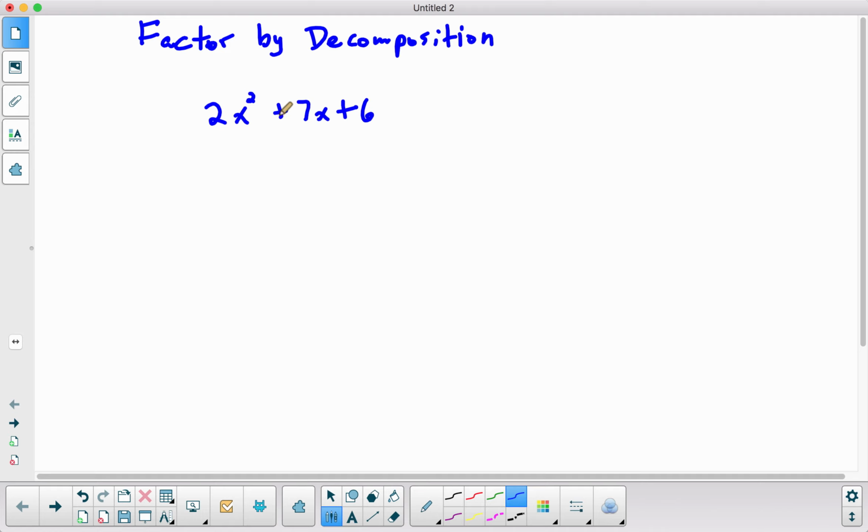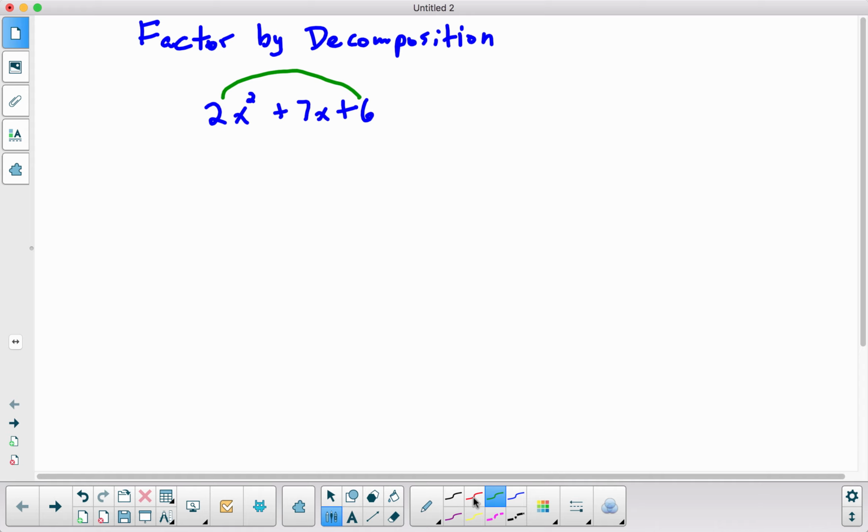So, factoring by decomposition. We have to use this method when we have a trinomial and the first term, the x squared term, has a number in front, a coefficient. All right, what do we do? Well, again, we have to start off finding two numbers. The two numbers we are trying to find have special properties. They have to have a product, or multiply, to get 2 times 6, which in this case is 12.